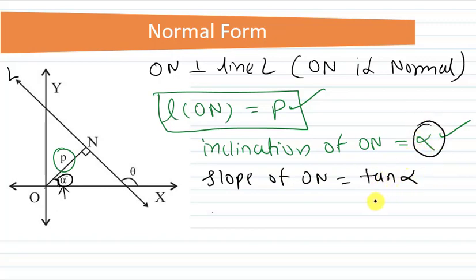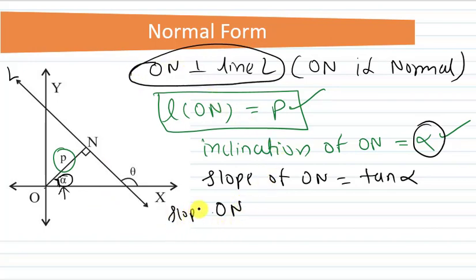It is called slope. Okay. So here the slope of ON is tan alpha and ON is perpendicular to line L. That means slope of ON into slope of line L equals minus 1.